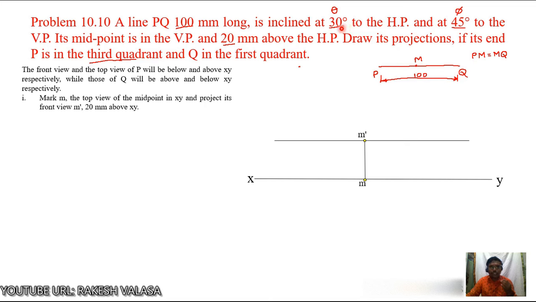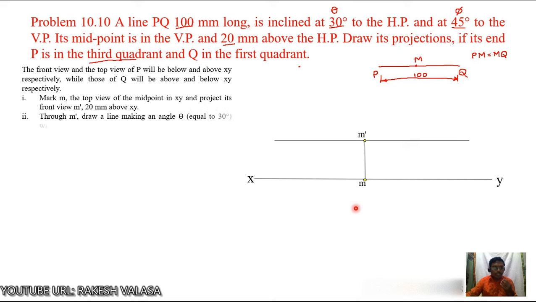So you can see the true length in the front view. That's why I am taking this M dash. At the point M dash, I am going to construct the initial front view. This makes 30 degrees to the HP. You can take the angle at M dash or on XY.